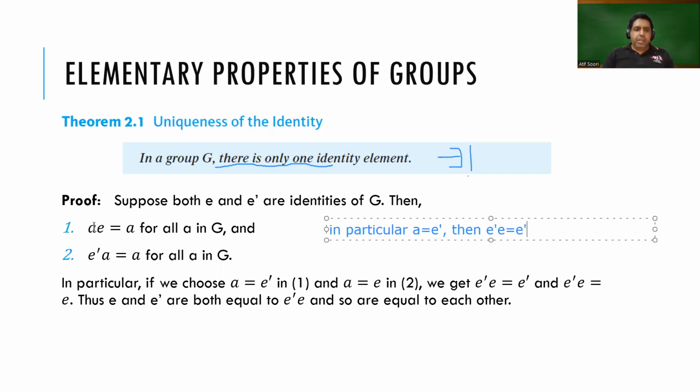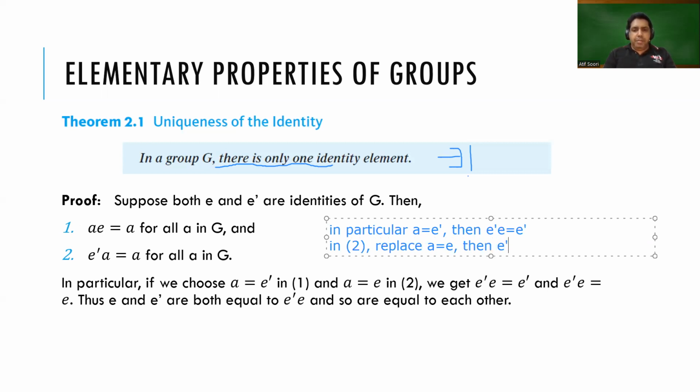What I have just done is replace A, which was any element in G, by E prime, which we have assumed to be an identity of G. Similarly, if I replace A with E in the second equation, then it becomes E prime E is equal to E.